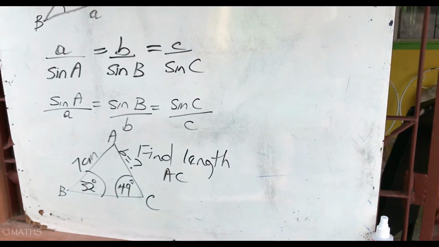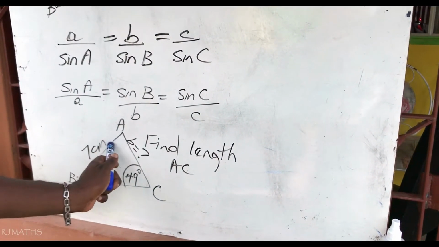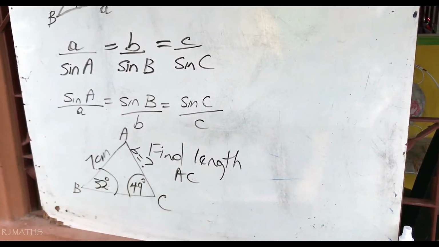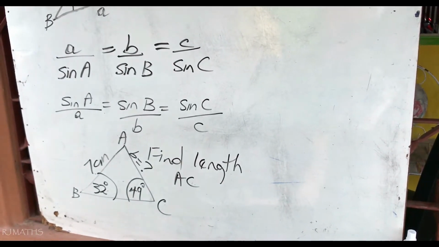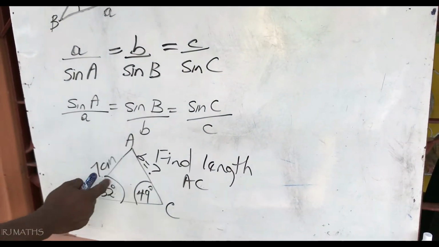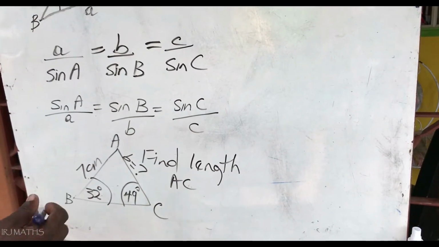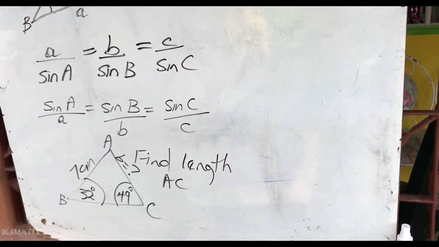Now, it is possible for us to determine the magnitude of angle A right here. We know that the sum of the interior angles in a triangle is 180 degrees.